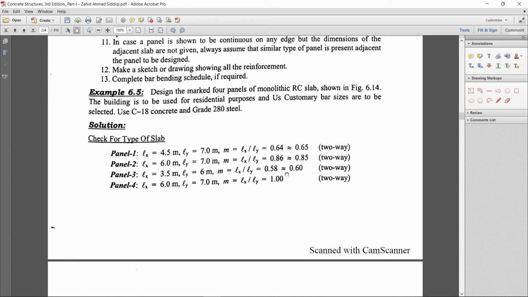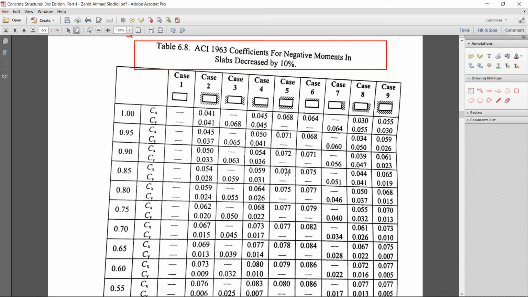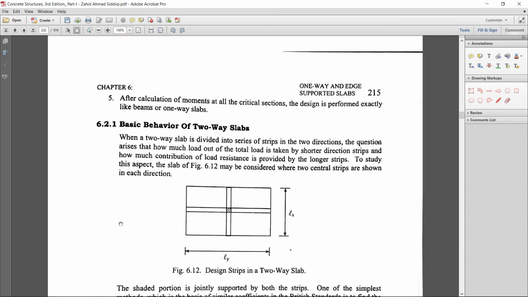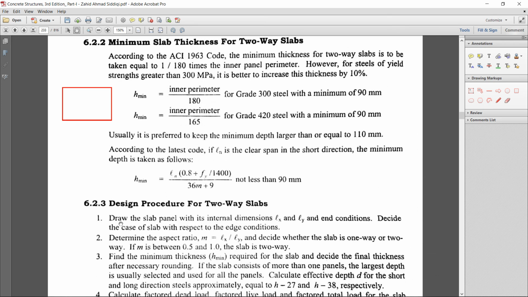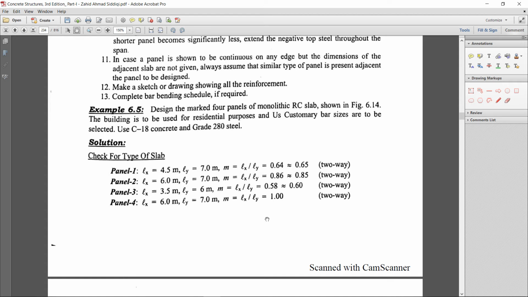Why are we approximating it here? In the ACI coefficients we have values at intervals of 0.05, so 0.5, 0.55, 0.6, that's why we round to the nearest available value of m.